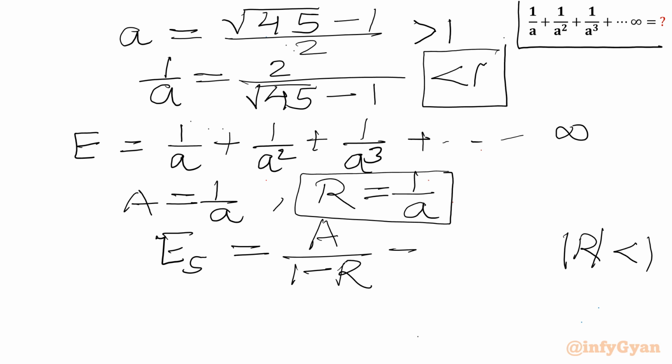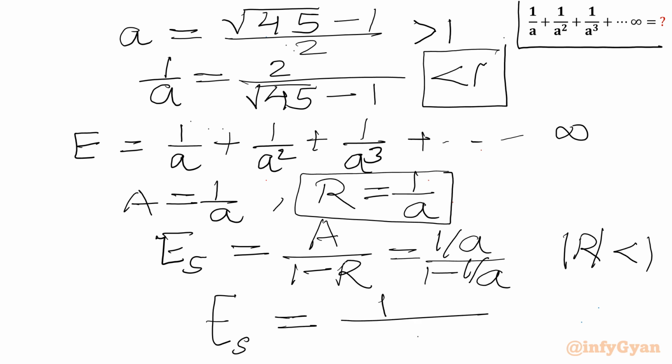So I can write here 1 over a over 1 minus 1 over a. So our E_S, this will become 1 over a minus 1. Let us apply the value of a, root 45 minus 1 over 2. So I can write E_S, S stands for sum, 1 over a minus 1.